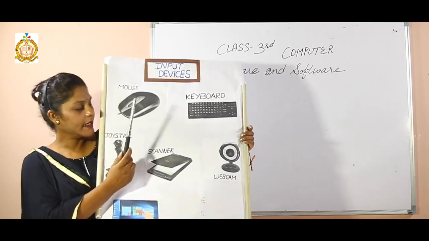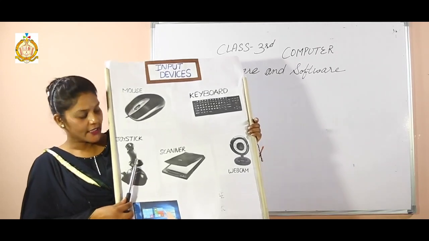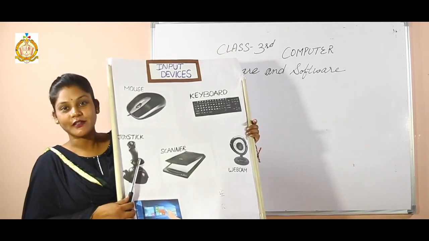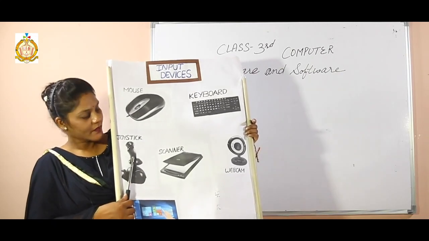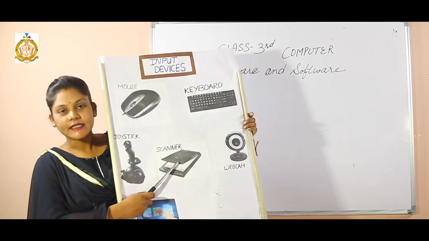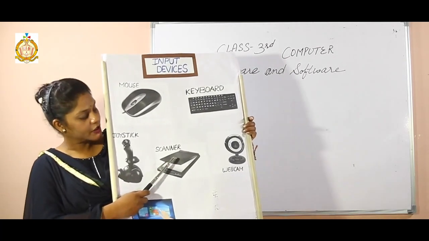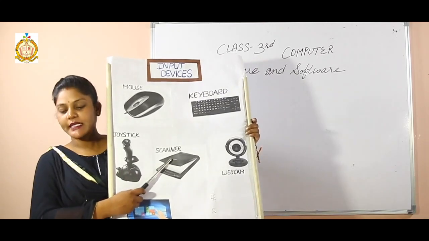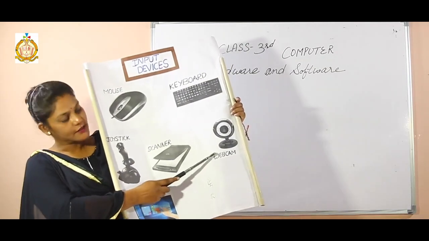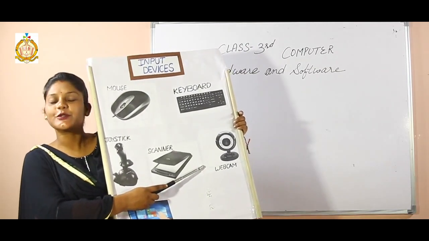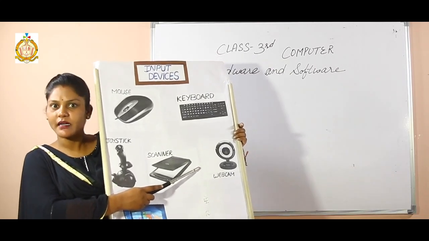Clear? So our next input device is joystick. Joystick is an interesting input device because it is used for playing games on your computer. Next is scanner. Scanner is an input device which is used to enter images, text, drawings into the computer by scanning. Clear? So next thing is webcam, that is used to capture photographs, logos, graphics.